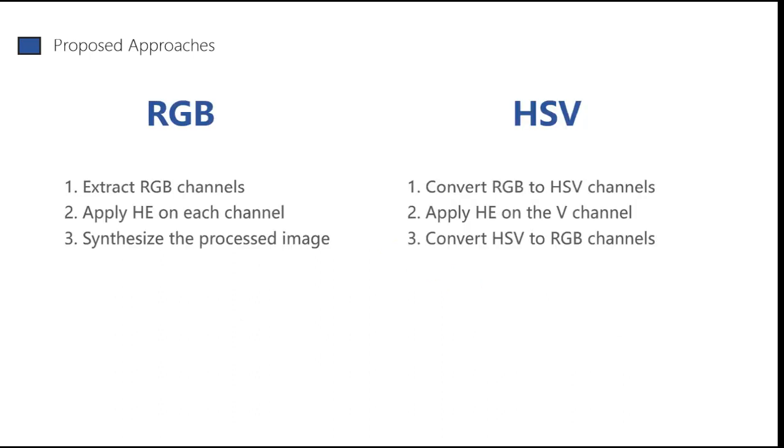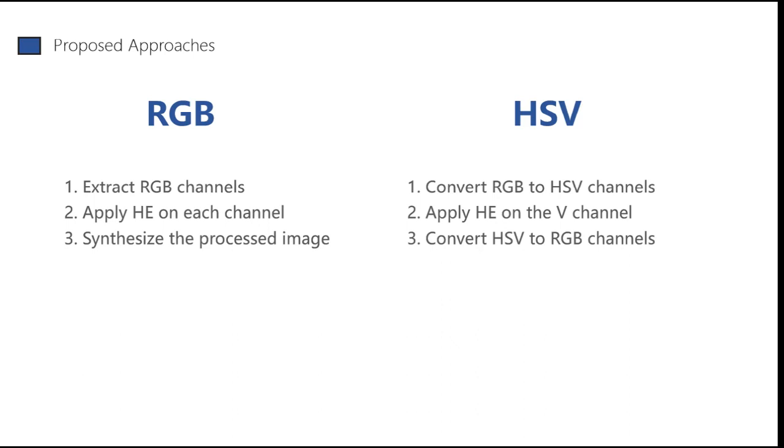For RGB, the process is to extract RGB channels from a color image and calculate the gray value of the original RGB channels. Then apply the histogram equalization on each channel with the HE function respectively, and calculate the gray value of the processed RGB channels. Finally, synthesize the processed image and output the result.